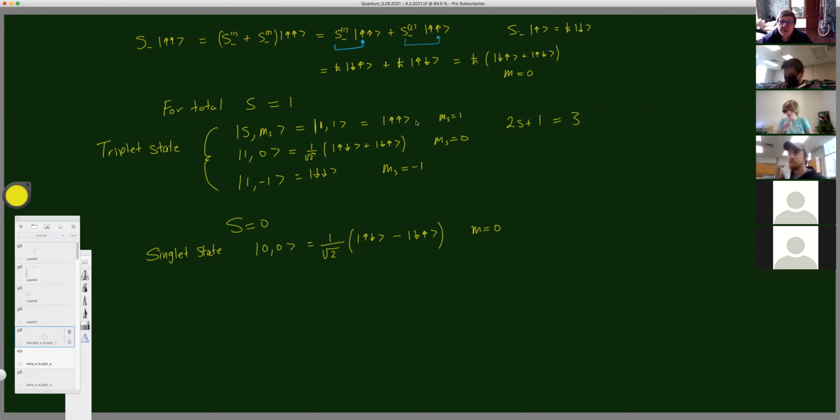When we add two spin 1/2 particles, we can have S1 plus S2. So if S1 is a half and S2 is a half, you can have a total spin of S1 plus S2, and S1 plus S2 minus 1, and then you could also have S1 plus S2 minus 2, etc. But in this case, you could only go to the minus 1.